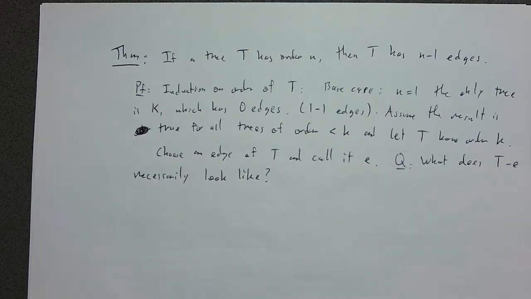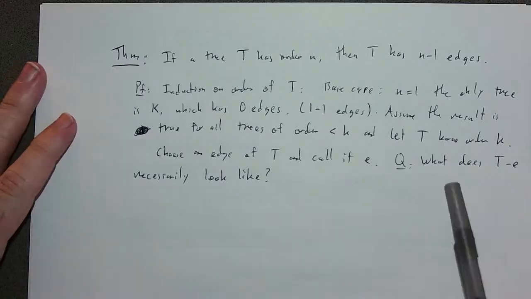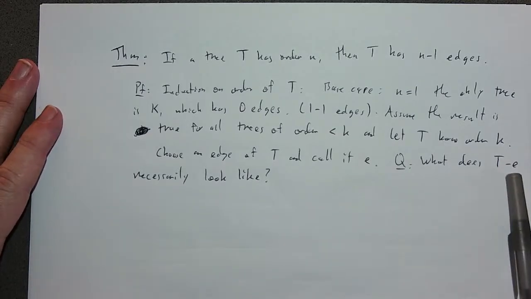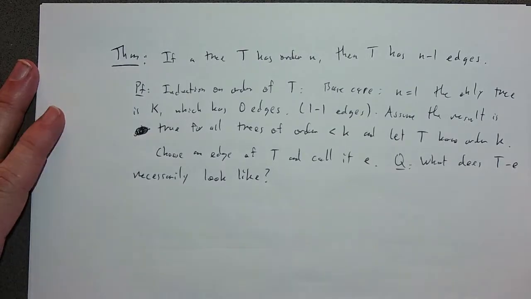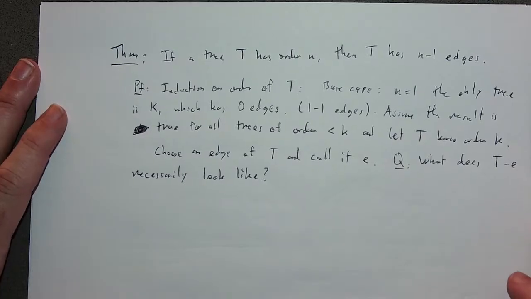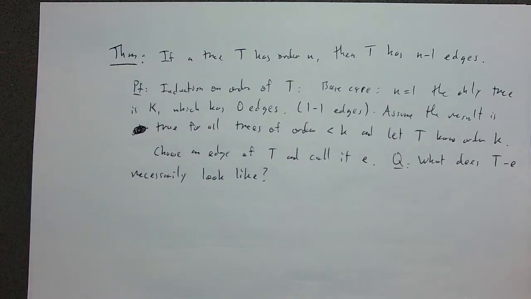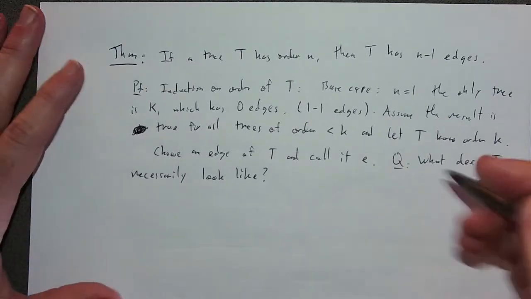This is going to be one of those things, actually proving this, but it turns out that T minus E has to be disconnected with 2 connected components that are trees themselves.